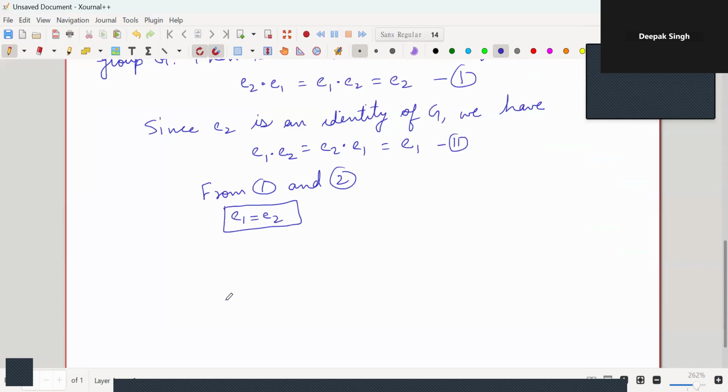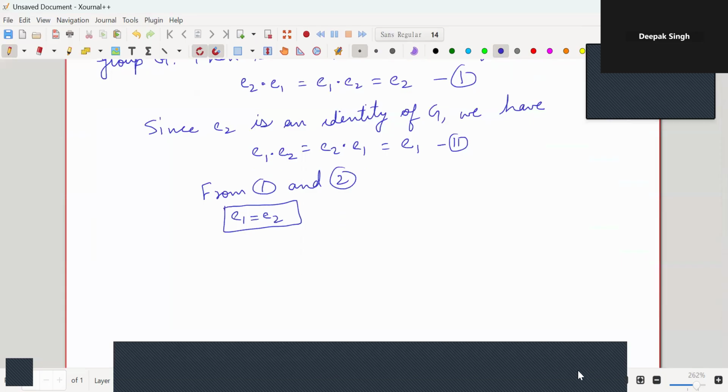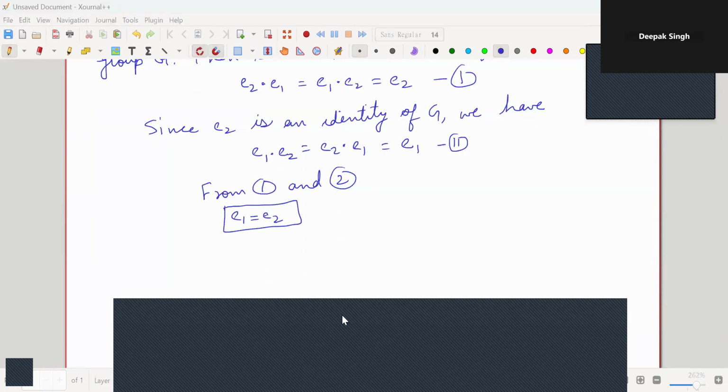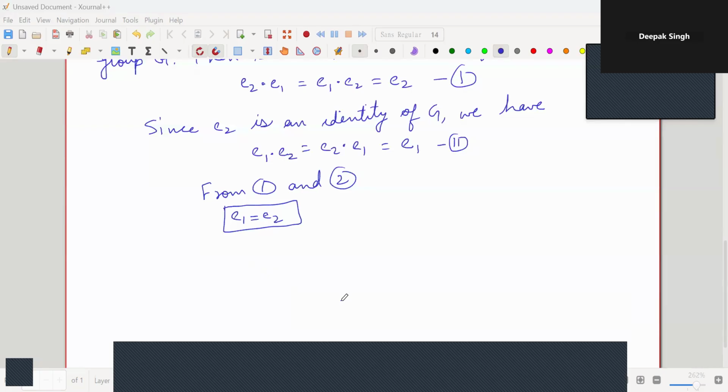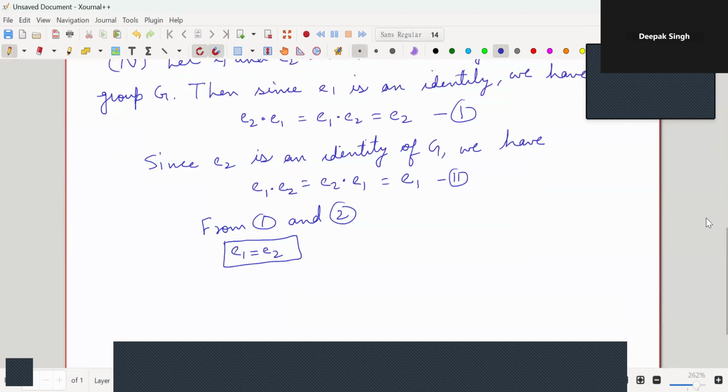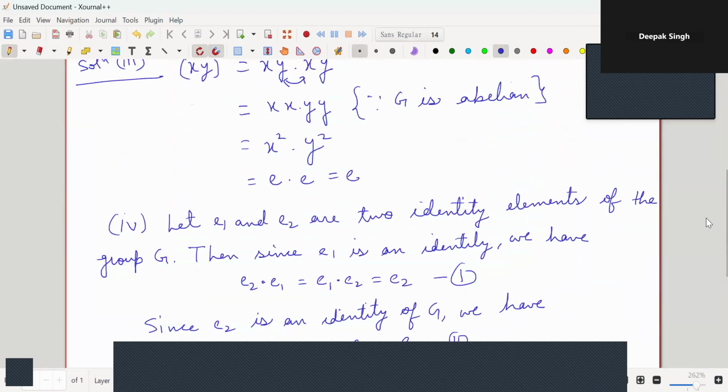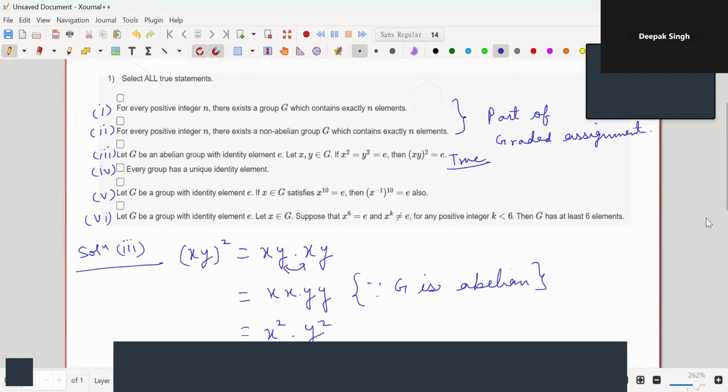Thus, the identity element is always unique. Okay. Now let's see the fifth part. So this is also true.